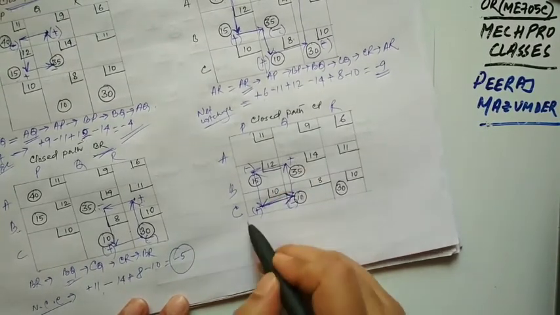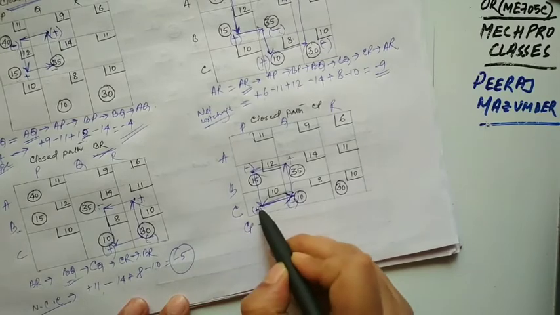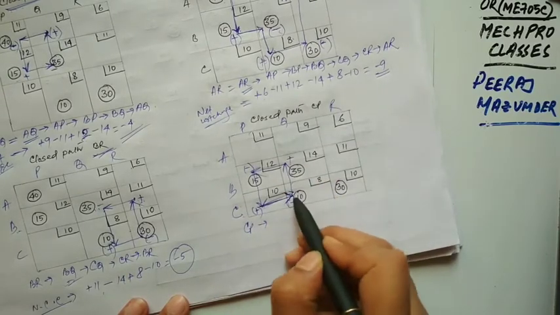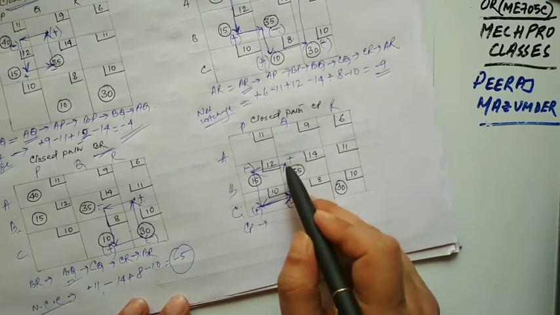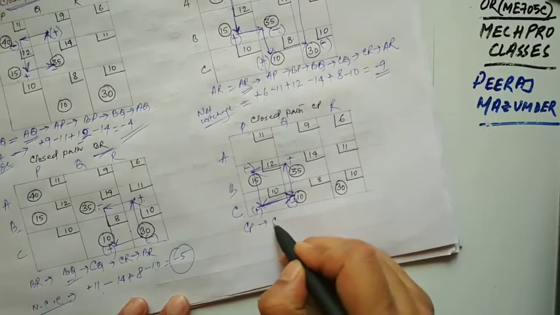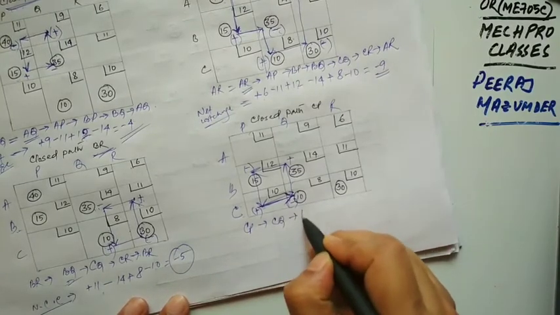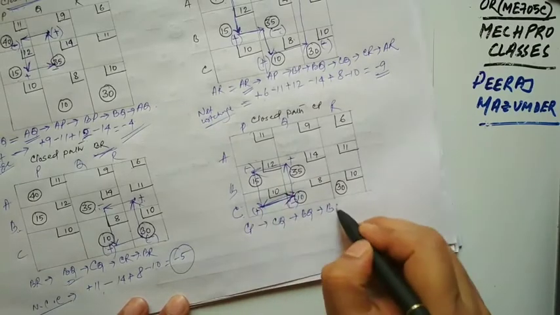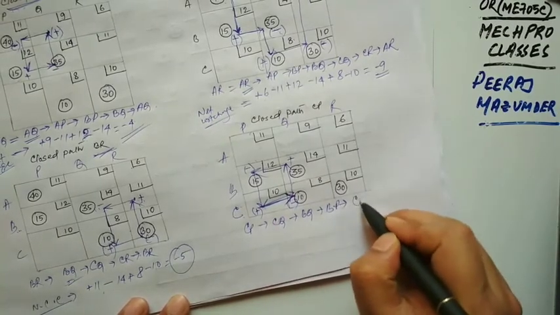This is the CP. CP, then CQ. Then BQ. Then BP. Then again come back to the original position CP.